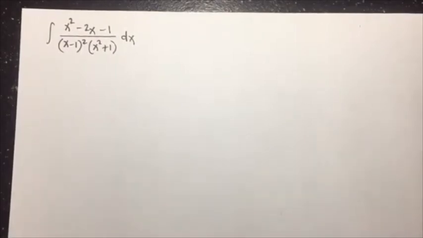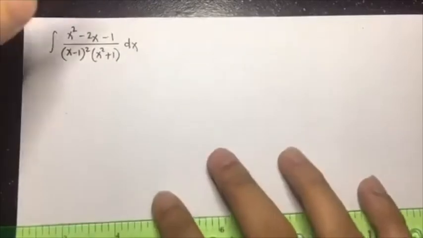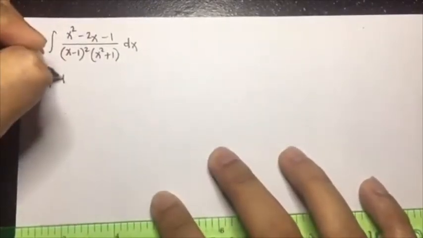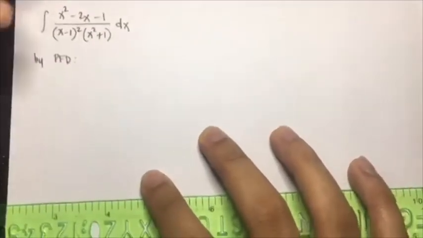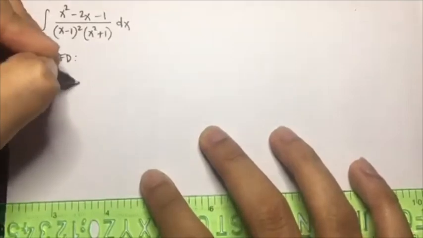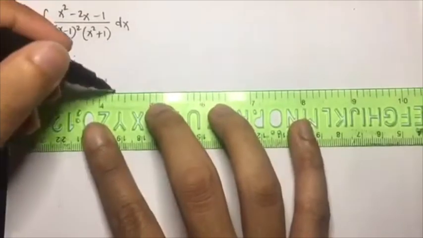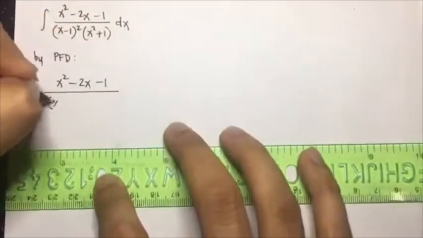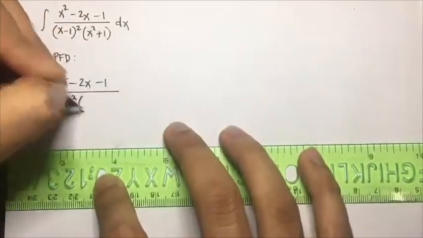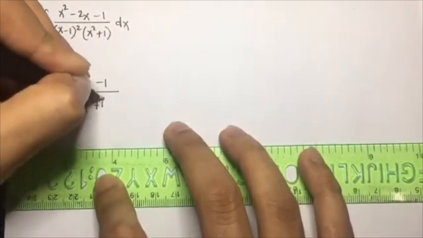So all we need to do is perform the partial fraction decomposition. So rewriting, we have x squared minus 2x minus 1 all over x minus 1 squared times x squared plus 1.